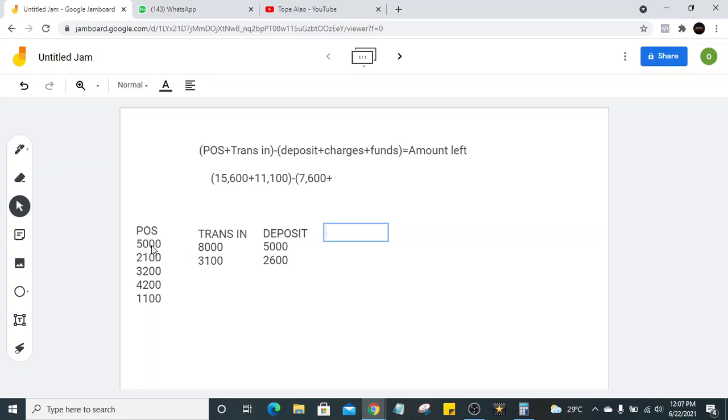So you add all the charges, 100 naira, 100 naira, that's 100, 200, 300, 400, 500. Let's say this person pays you 200. So on your logbook you have everything tabulated. Let's say the charges.